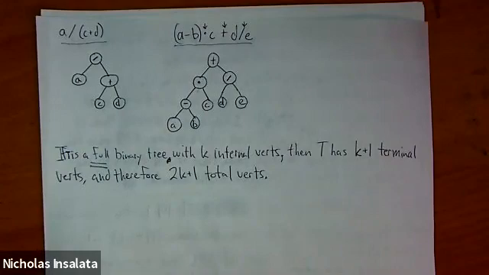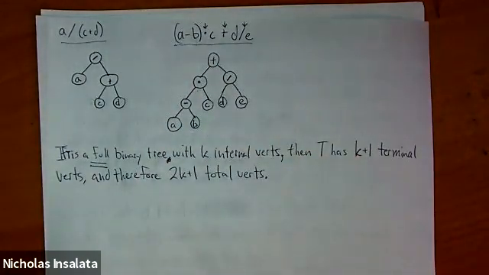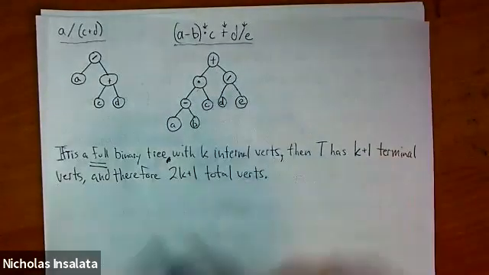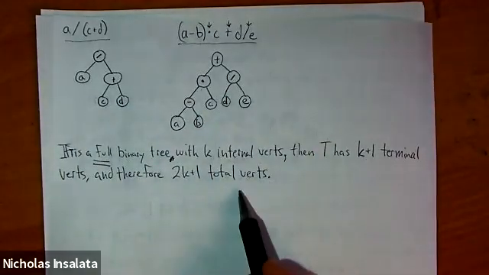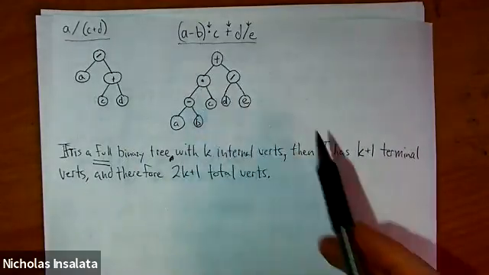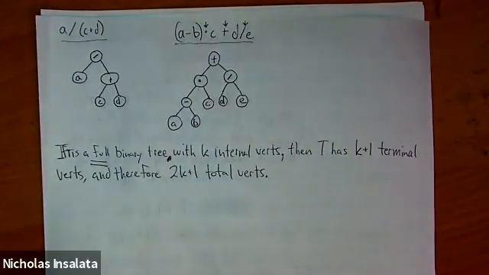Okay, so how many internal vertices do we have here? Four. And how many terminal vertices? 5. Yep, so it works there too, right? We take the internal vertices, add 1, and we get the terminals, which is what we're saying here. And of course, the total then would be 2k plus 1, because we just add k and k plus 1. Here we'd have 9, 4 plus 5, right?